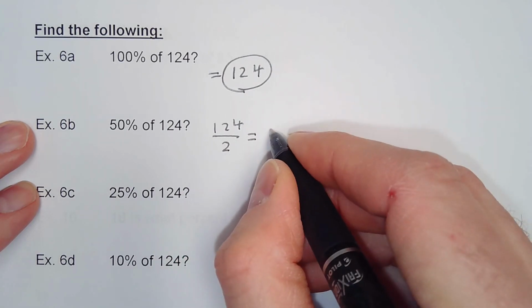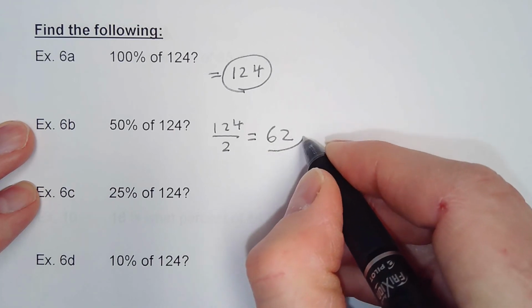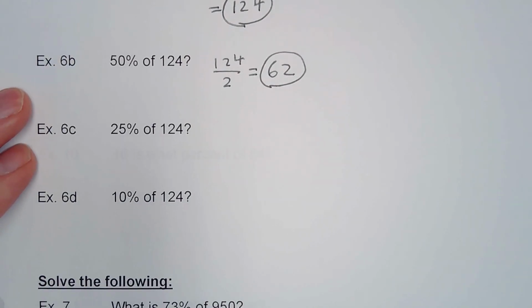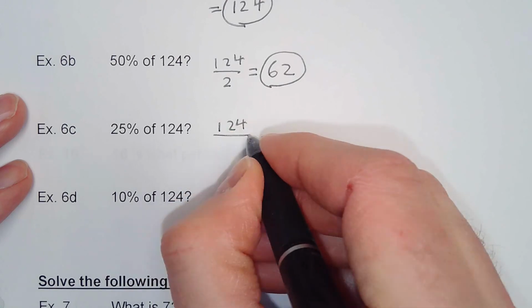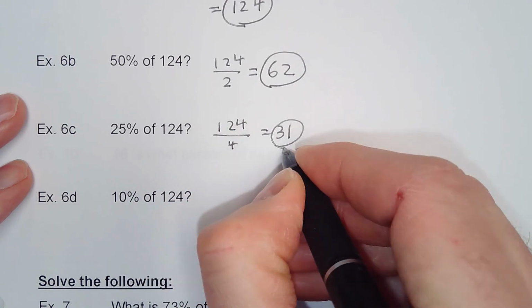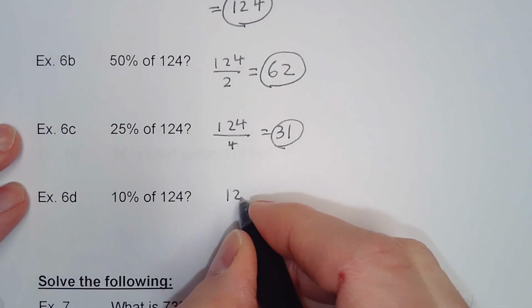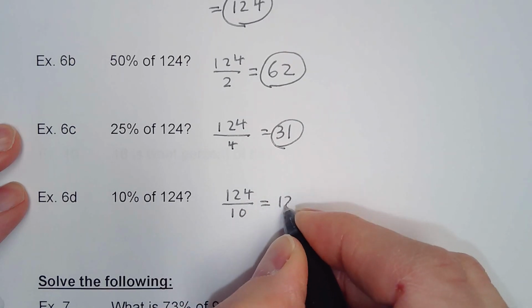If we divide that by 2, that'd be 62. Then 25%, that's 1/4, so I'm going to divide it by 4, and that will give us 31. And then 10% of 124, that'd be 124 divided by 10, and that will give us 12.4.